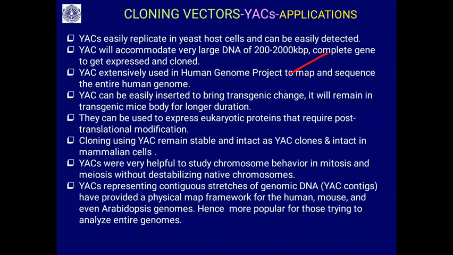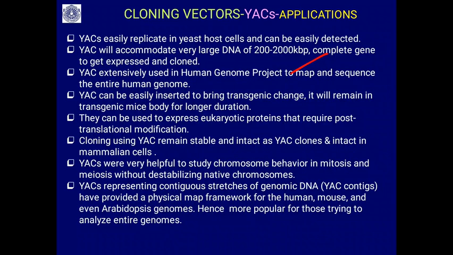So cloning using this yeast artificial chromosome remains stable and intact. Usually, sometimes, they lose the desired gene after some generations, but this cloning will be very stable. So they are intact within mammalian cells also.